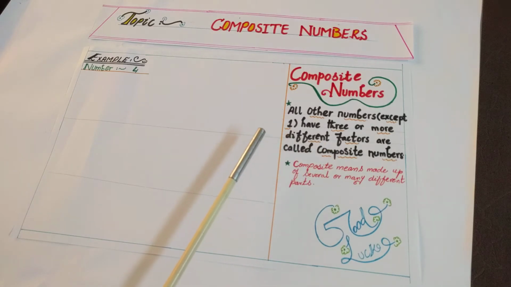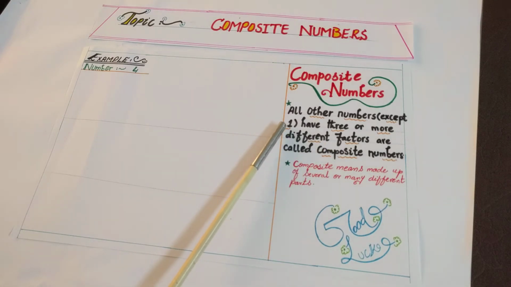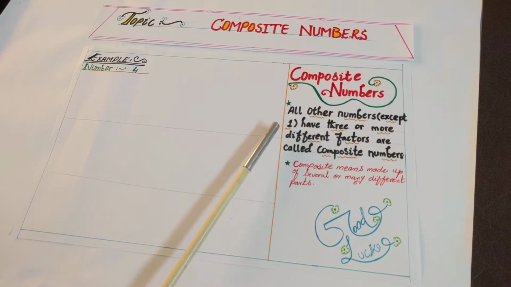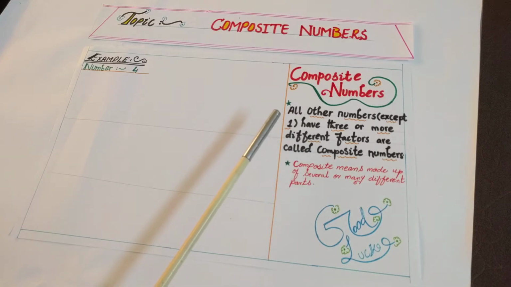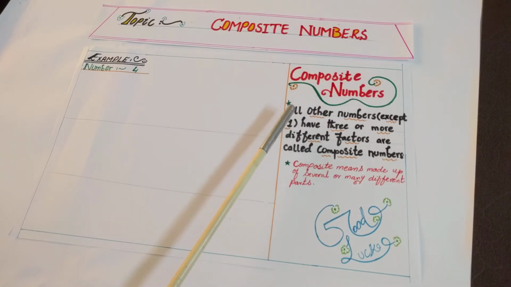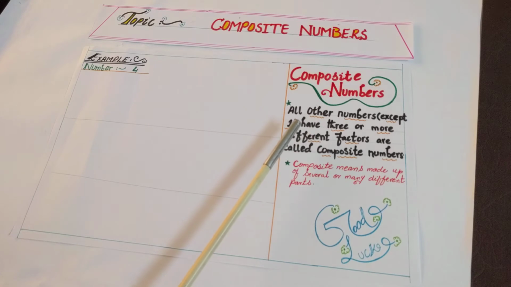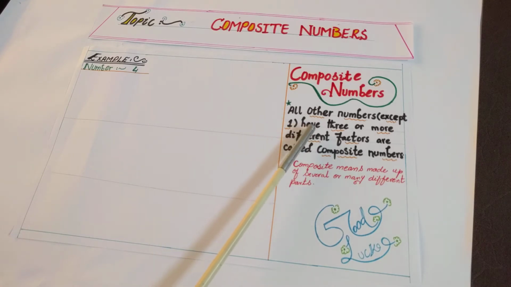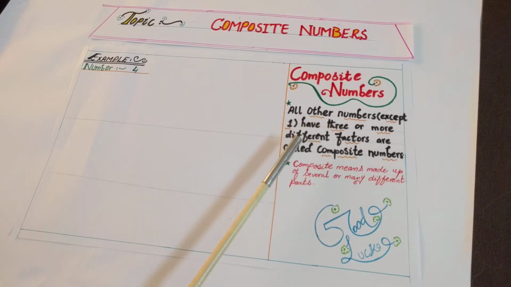As in the prime numbers, I told you that 1 is not a prime number because 1 has only one factor. But 1 is also not a composite number because according to the definition of composite number, all other numbers except 1 have 3 or more different factors.